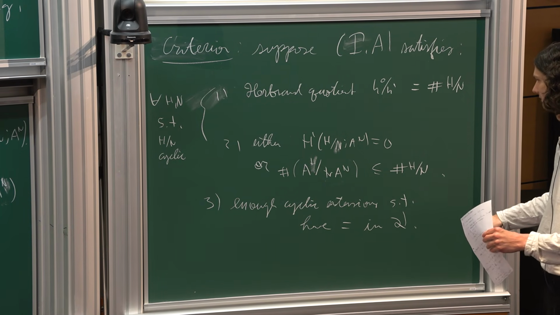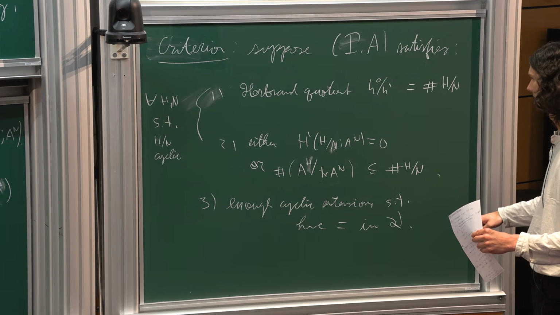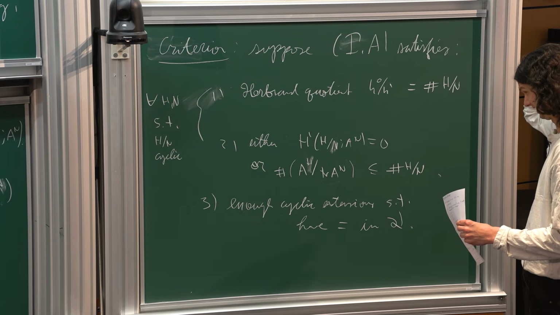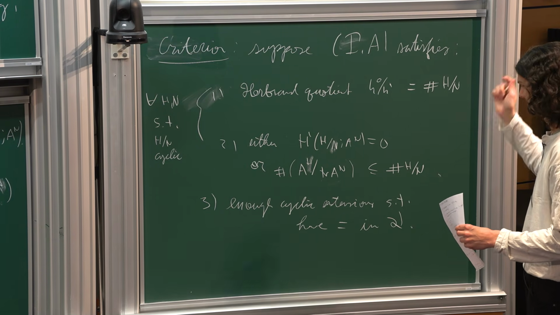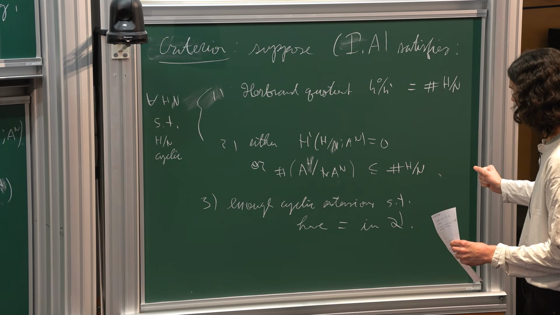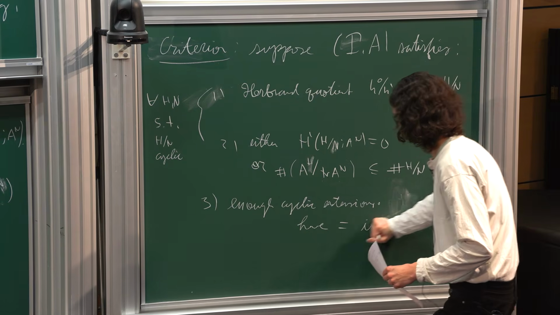Wait, doesn't... no, but if you assume 1, that the Herbrand quotient is H mod n, and if you have the either or, then in fact you know yes, that the 0. Yeah, you're right. So let me just say you have enough cyclic extensions, because you're right that that's automatic.